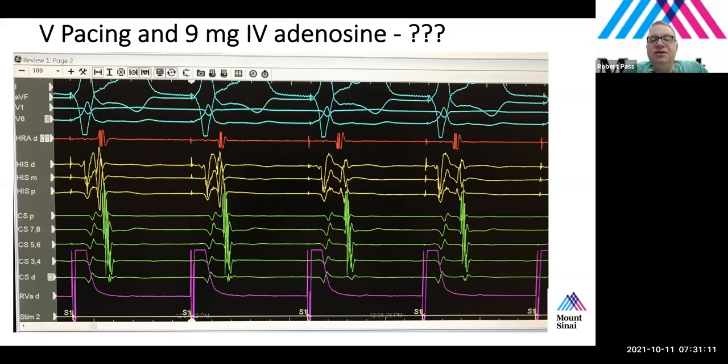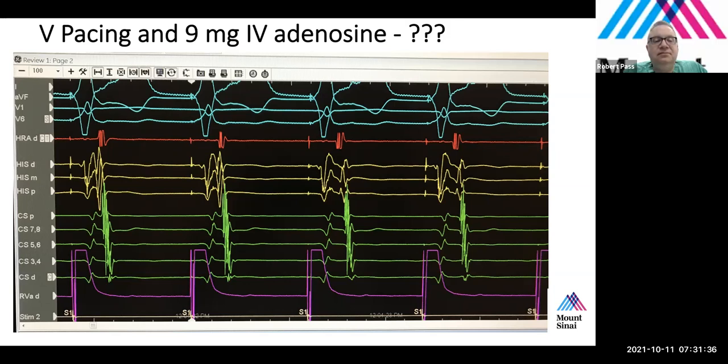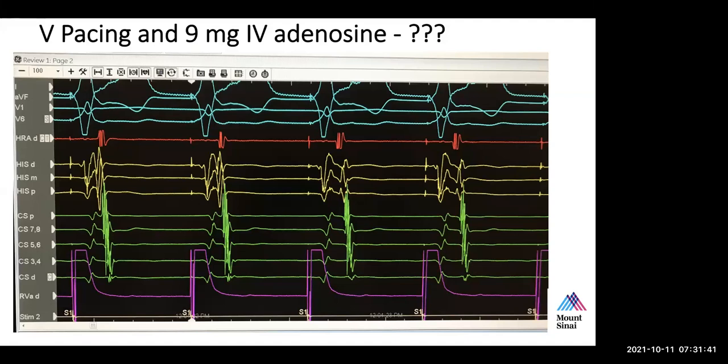Is there anything else that you can see? So after the third paced beat, in the first 2 beats, you see a regular pattern of the VA conduction, whereas it is sort of different in the third and the fourth beats.